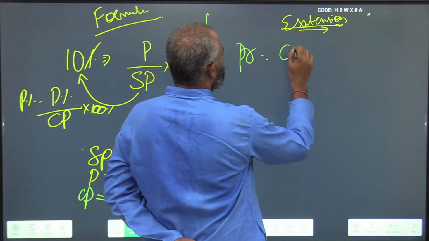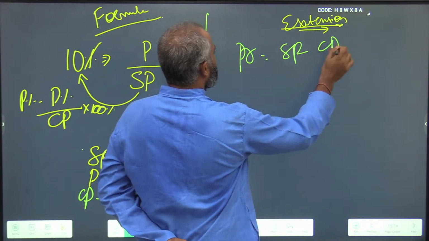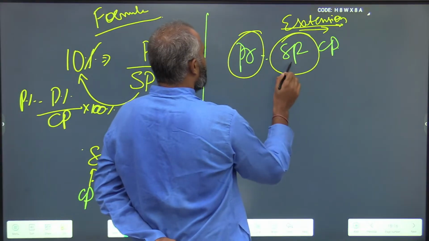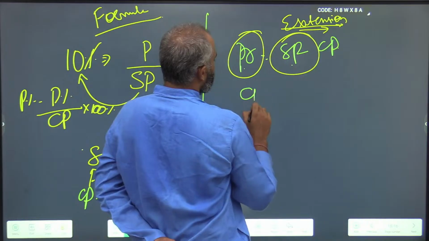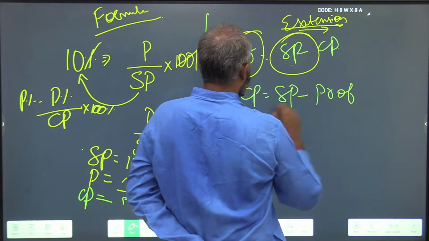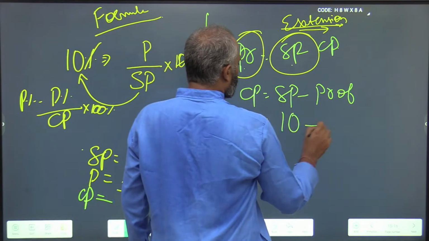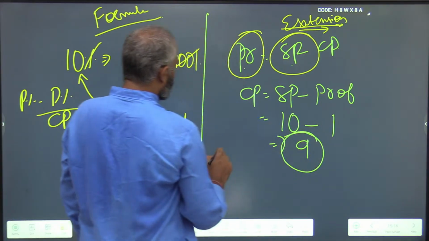Profit is equal to SP minus CP. We are given both SP and profit. So CP is equal to SP minus profit. What is the SP here? The selling price is 10 rupees, the profit is 1 rupee. So the cost price is 9 rupees.